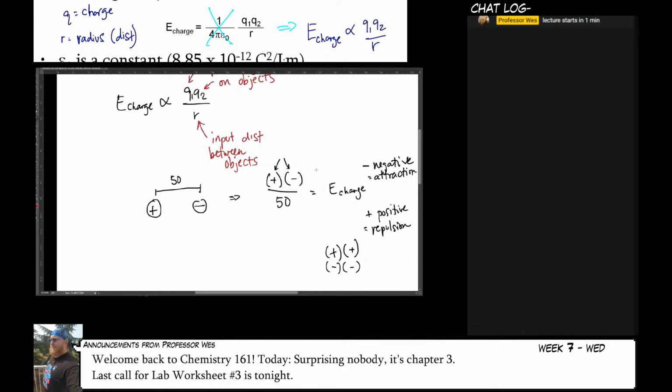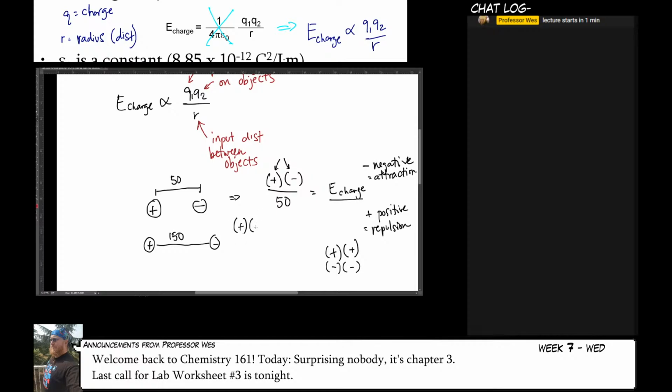So this is sort of how we're going to be using this equation. We're going to be using it conceptually. I'm just going to input the charges directly and then divide by the distance. And that's going to give me some number. I don't really care what that number is. What I do care about is if I change the circumstances relative to some other circumstance. So up here in the 50 distance case, I get some energy.